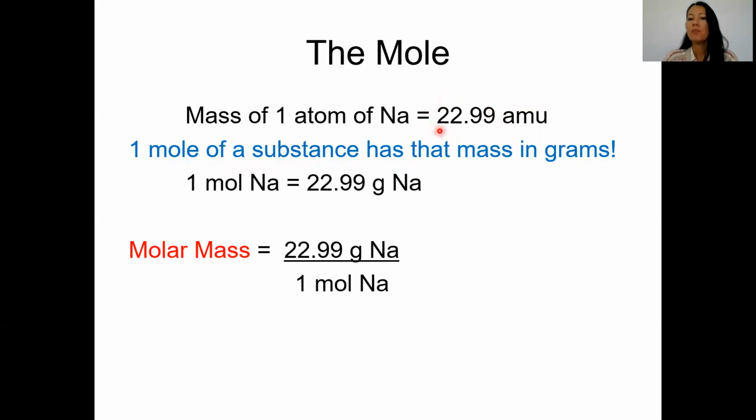One sodium weighs 22.99 atomic mass units, but 1 mole of sodium is going to weigh 22.99 grams. Scientists designed it that way so we can easily read off the periodic table and come up with something called molar mass, 22.99 grams of sodium per 1 mole of sodium. You'll be able to use this as a conversion factor.